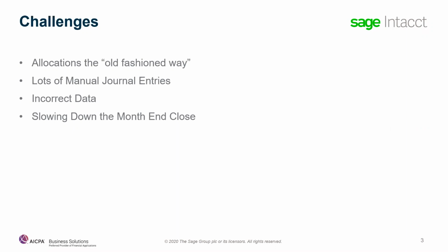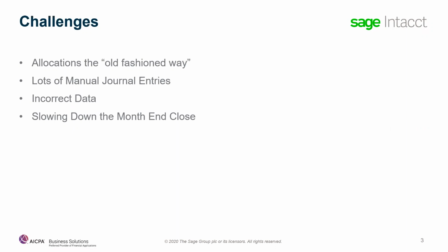And for many companies and organizations, this is a time-consuming effort, making sure that all the entries have been pulled together, that they're accurate, that you're doing your math correctly, and more importantly, that you're getting all of those journal entries created.